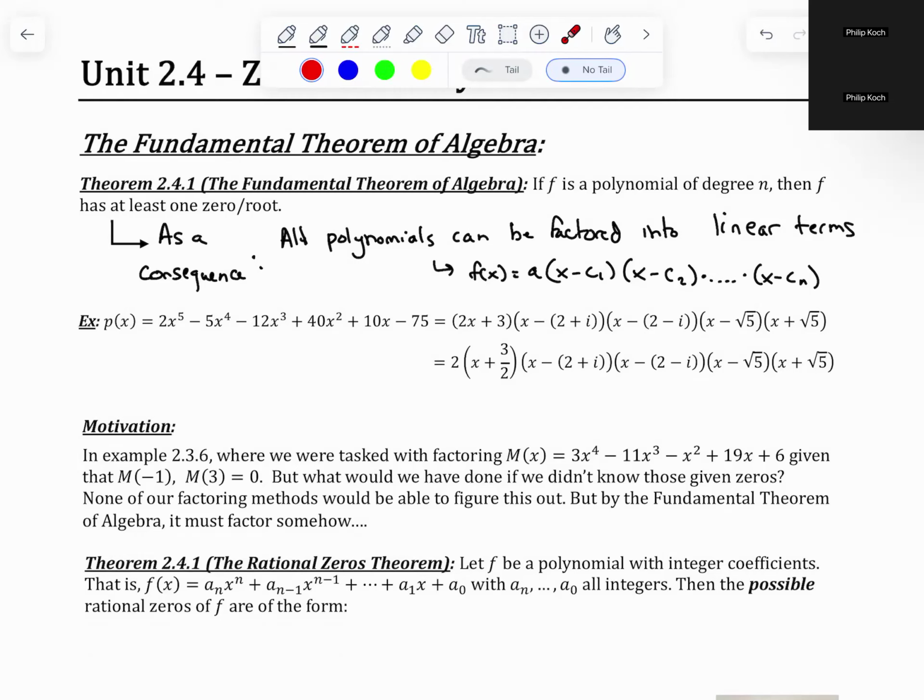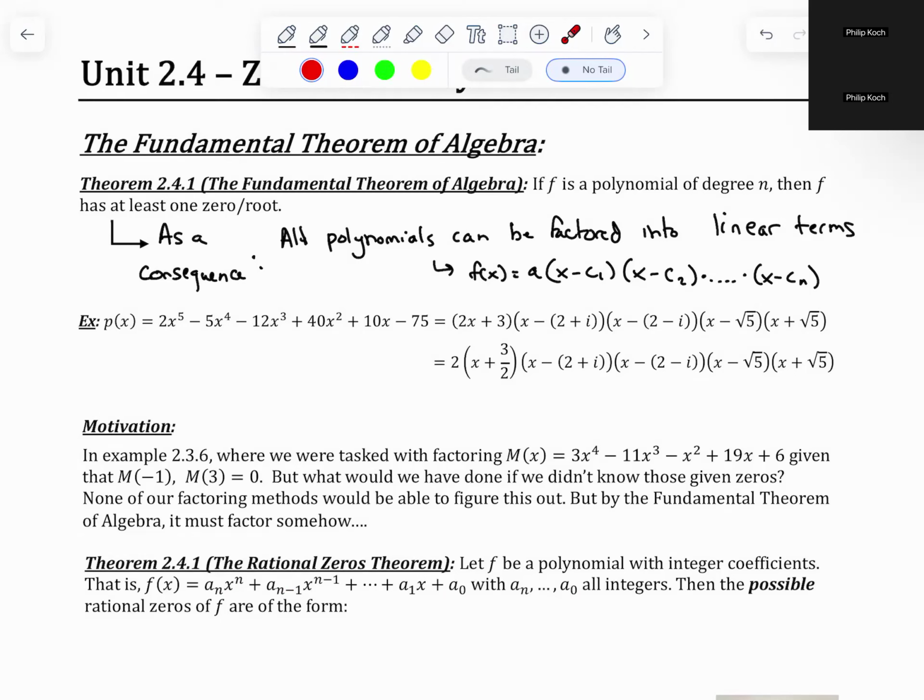But one of them that is practical is called the rational zeros theorem. What it says is, let f be a polynomial with integer coefficients. If the polynomial doesn't have integer coefficients, this kind of goes out the window. So that is f of x equals a sub n x to the n all the way down to a sub 0, where a sub n through a sub 0 are all integers.